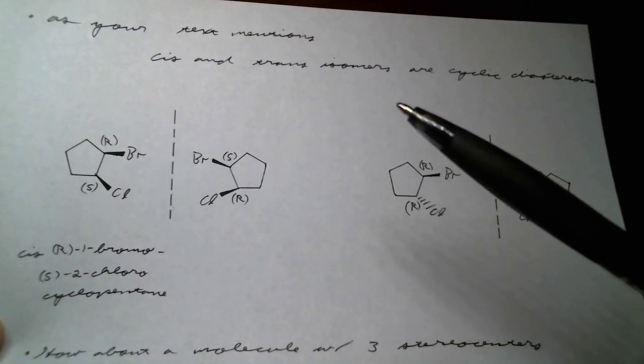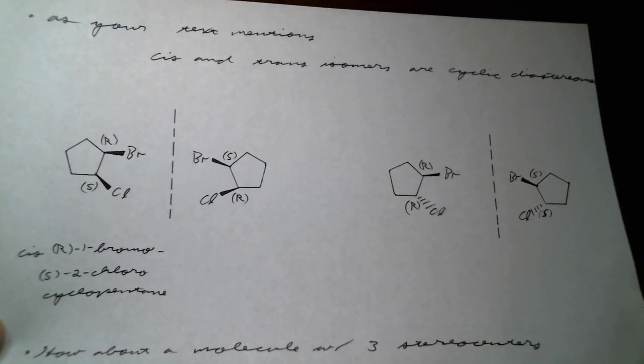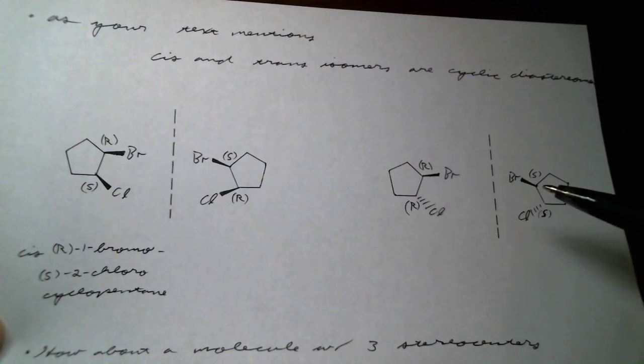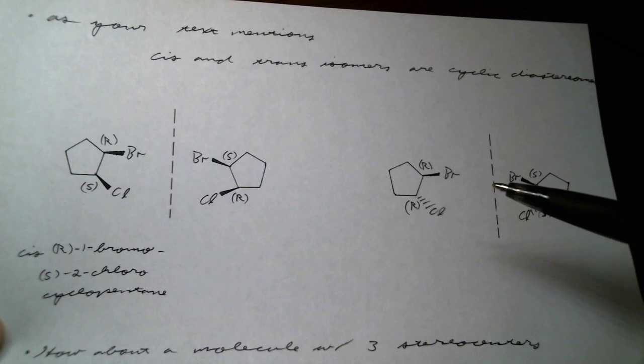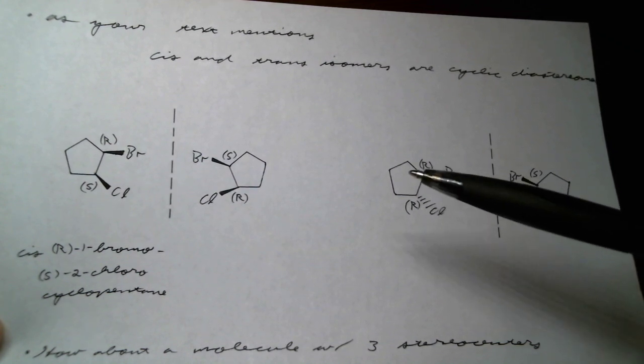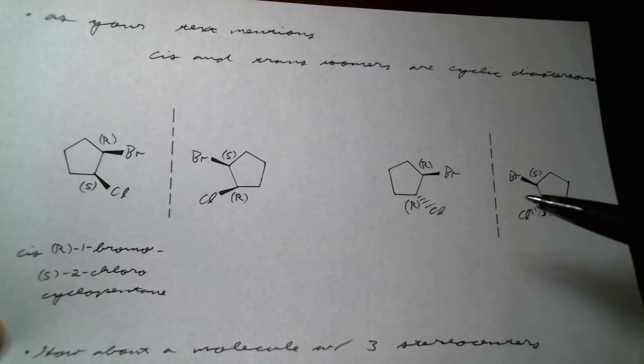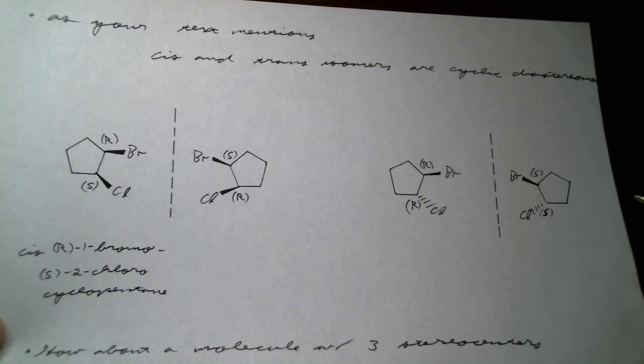So cis and trans isomers are cyclic diastereomers. Of course, these two trans stereoisomers, the RR and the SS configuration, are related as enantiomers.